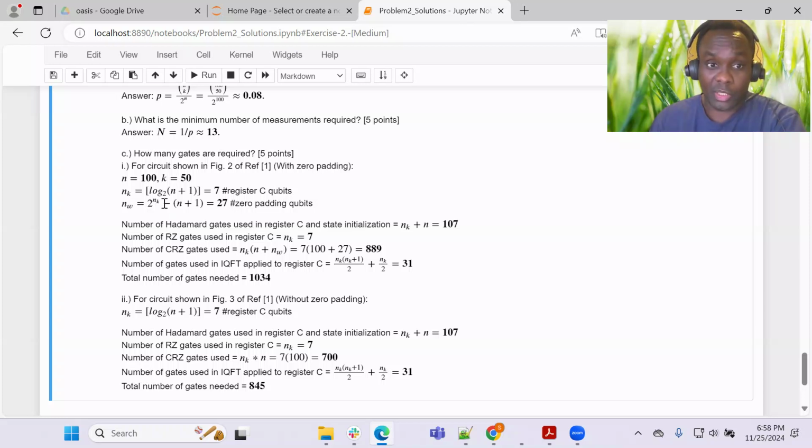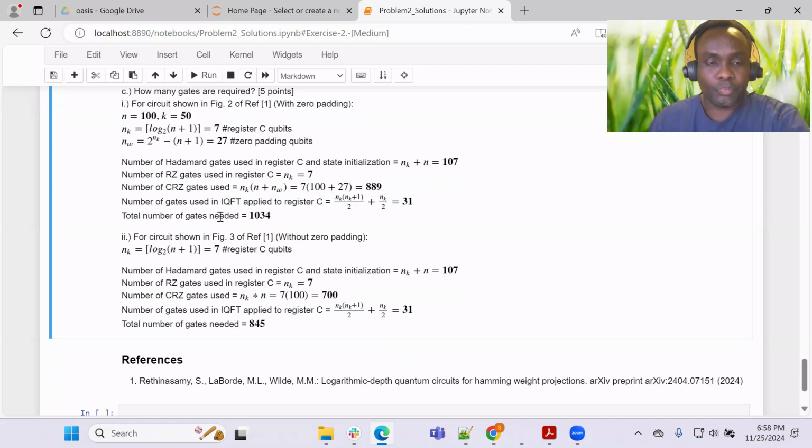As we discussed earlier, this is the ceiling of log base 2 of n plus 1. That gives you 7 if you plug in 100 there. The number of 0 padding qubits is 2 to the nk minus n plus 1. If you plug in nk and n, you get 27 0 padding qubits required.